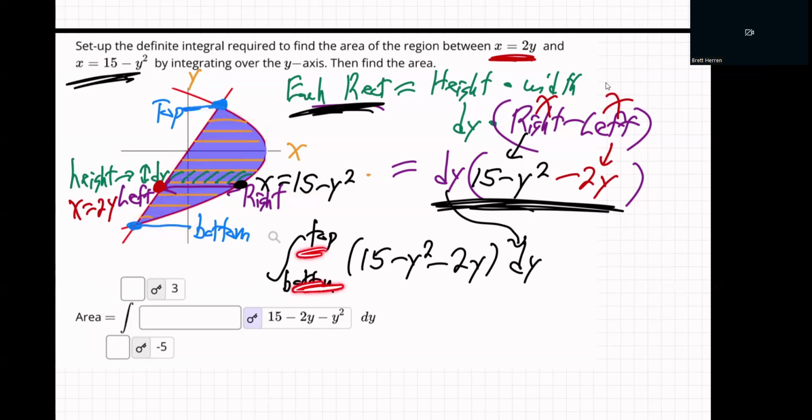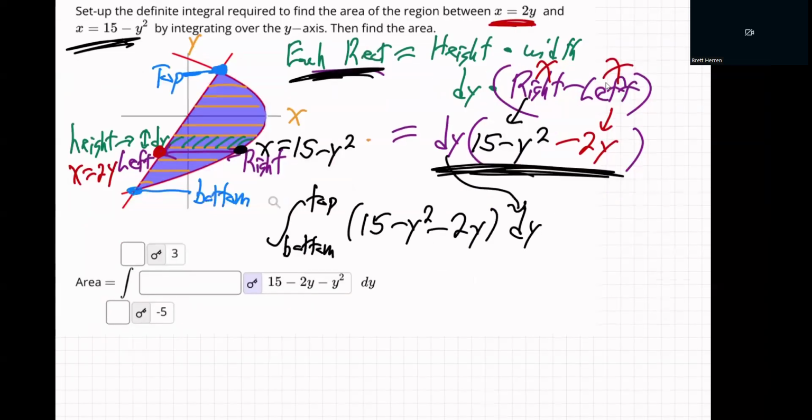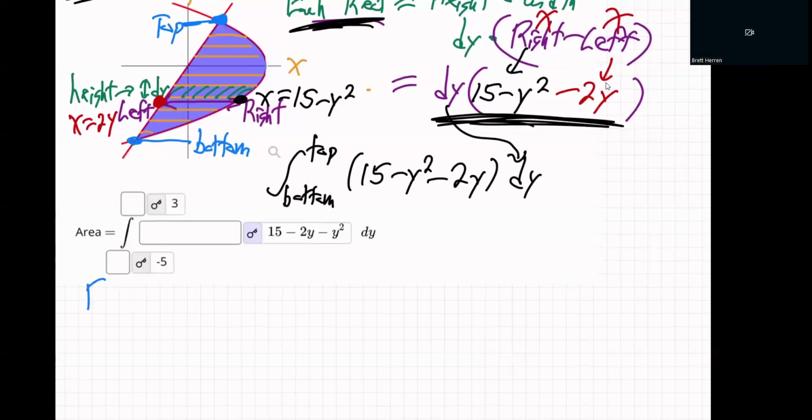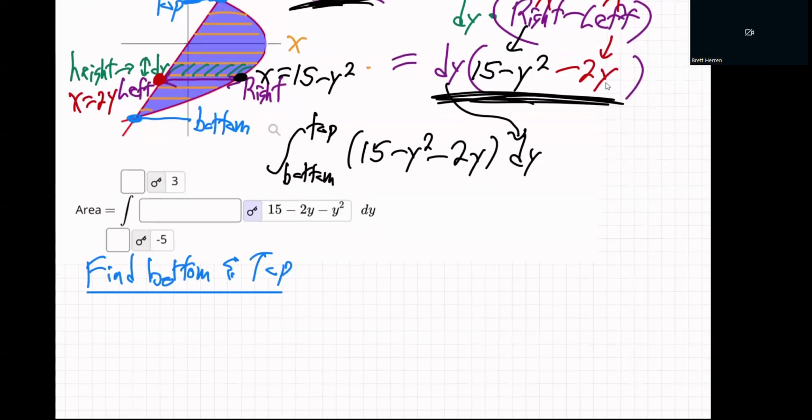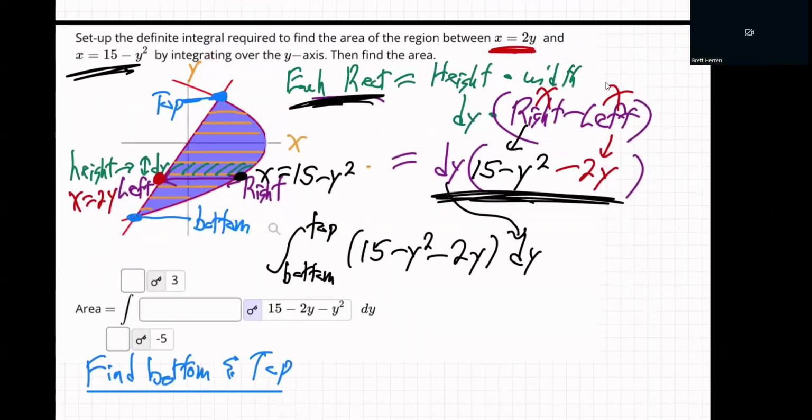So to find the bottom and the top, those are the two points of intersection, where these two graphs intersect each other. So let's come down here. Finding the bottom and the top should be a piece of cake. We're just going to take those two equations and set them equal to each other: 15 minus y squared and 2y.